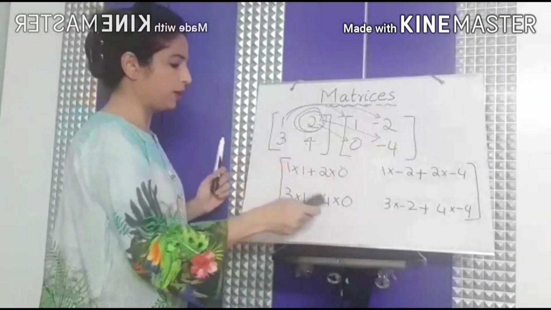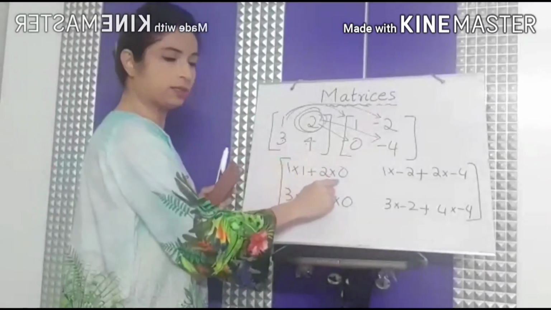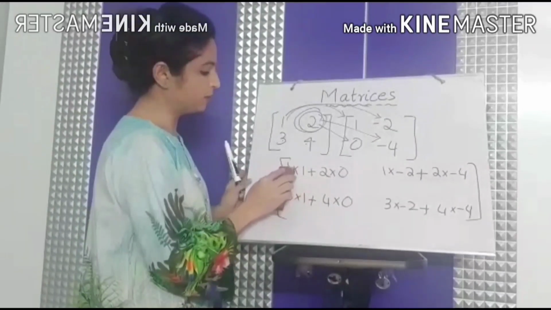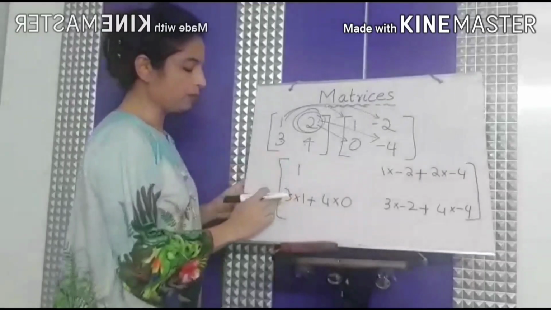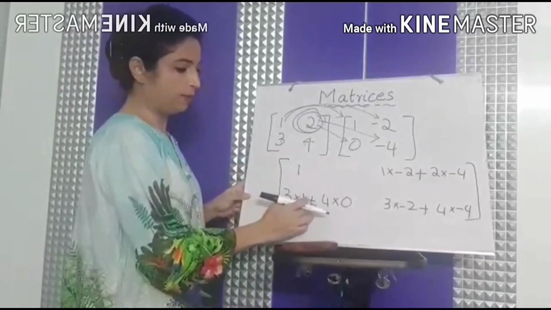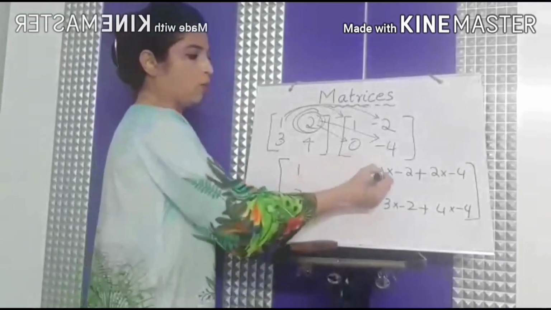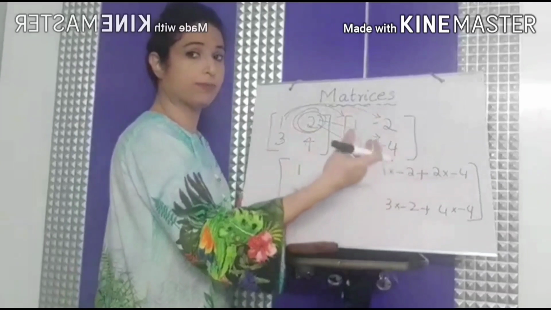Now we'll just find out the answers. We'll just simplify. So 1 times 1 is 1 plus this becomes 0 because any number multiplied by 0 becomes 0. So 1 plus 0 is 1. 3 times 1, 3 plus 0, this is 3. 1 times minus 2 is minus 2 plus 2 times minus 4 is minus 8.